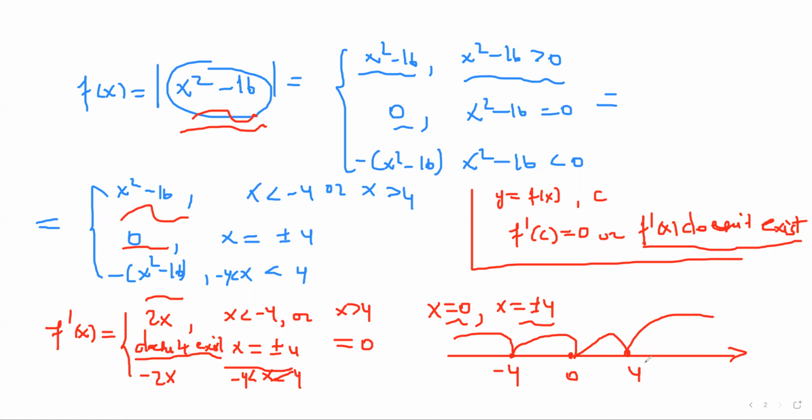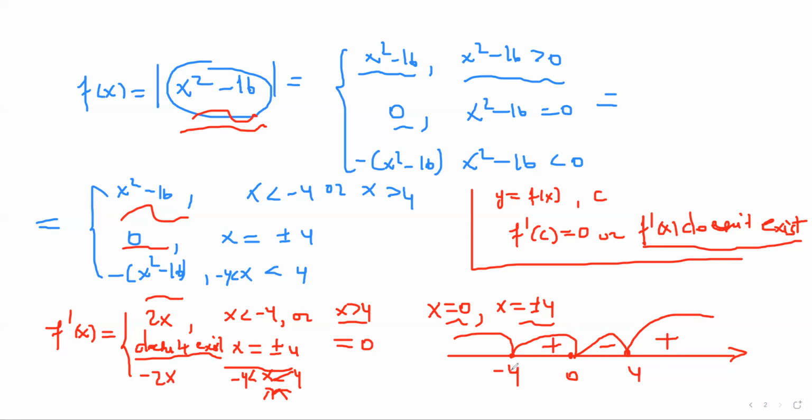Greater than 4, we take 5. 5 is bigger than 4, so 2 times 5 is positive, and we get the positive sign. Between 0 and 4, let's take any number, for example 3. 3 falls in the last interval, so it's minus 2 times 3, which gives the minus sign. Between -4 and 0, we take -3, which again falls in the interval greater than -4 and less than 4, so minus 2 times minus 3 gives the positive value.